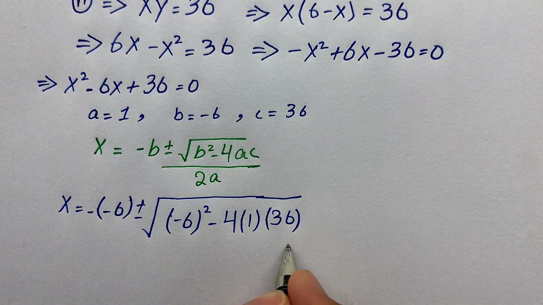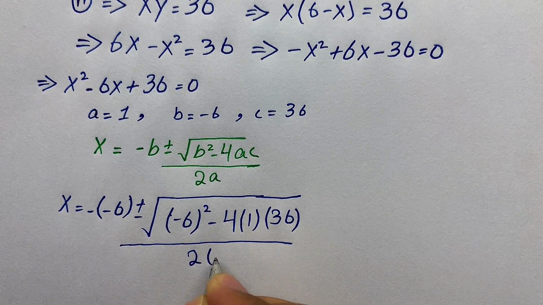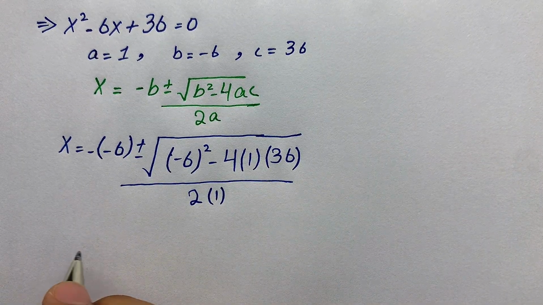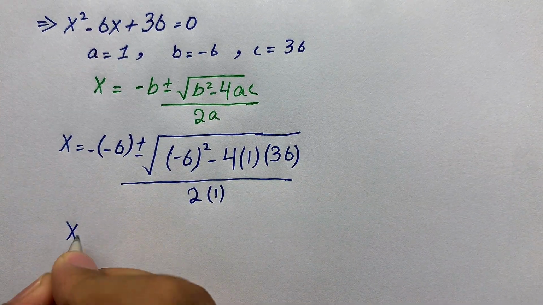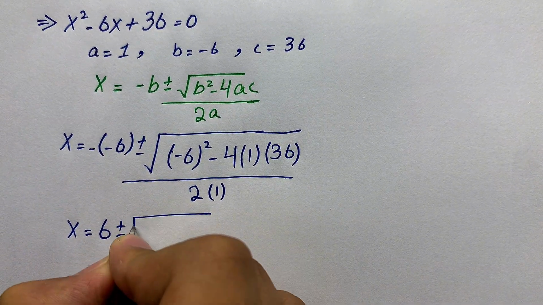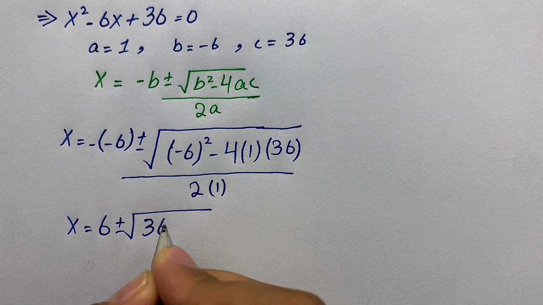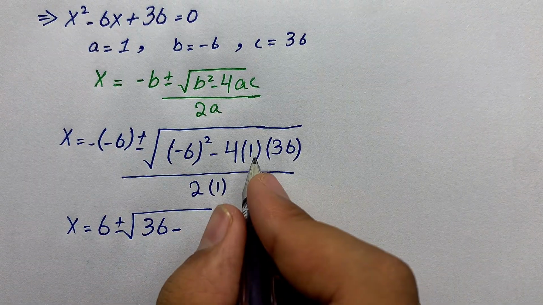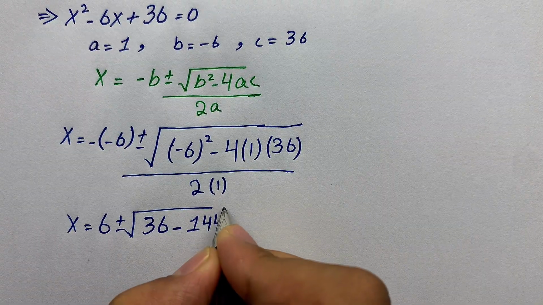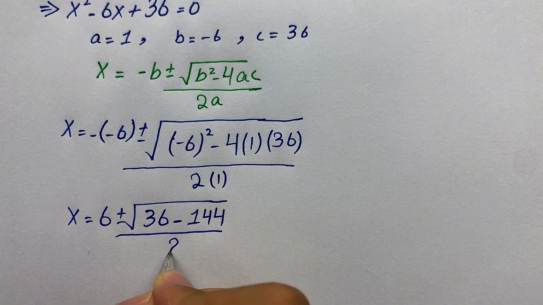Now this is divided by 2 into a, and our a is 1. So in next we solve this. x is equal to minus into minus, plus 6 plus minus the square root of 6 square is 36 minus 4 into 1 into 36, which is 144, divided by 2.